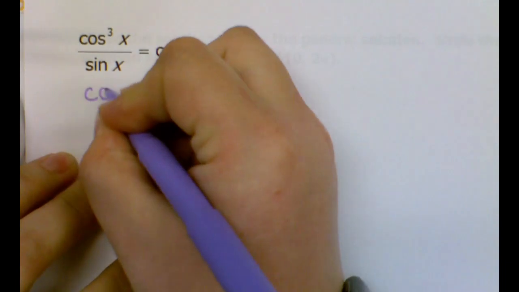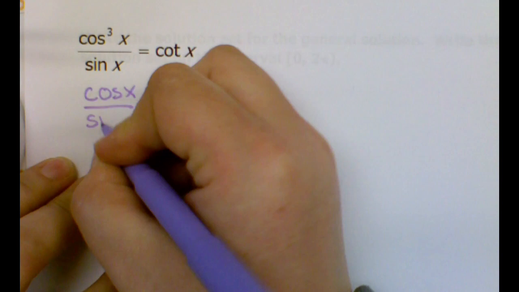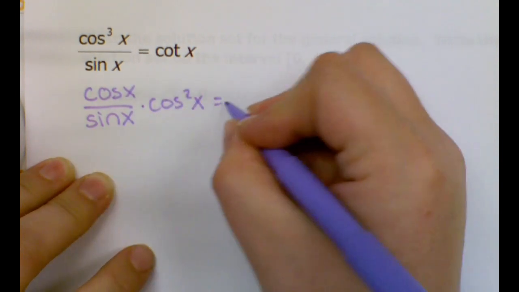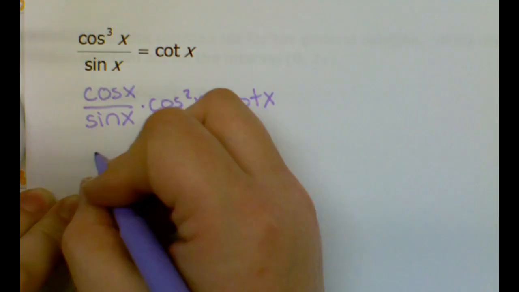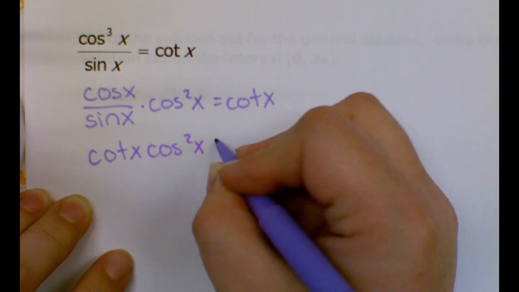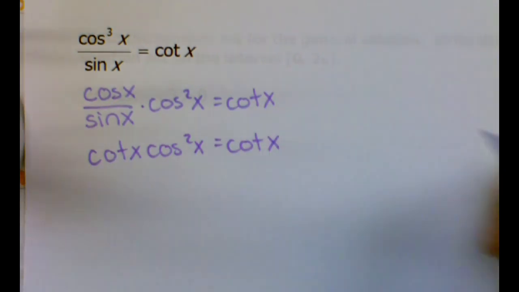All right, this one's looking crazy for us. We have to do some rewriting first. I know that I can split this first fraction apart into cosine over sine times cosine squared. And cosine over sine is cotangent. Now I can treat it like the last ones.